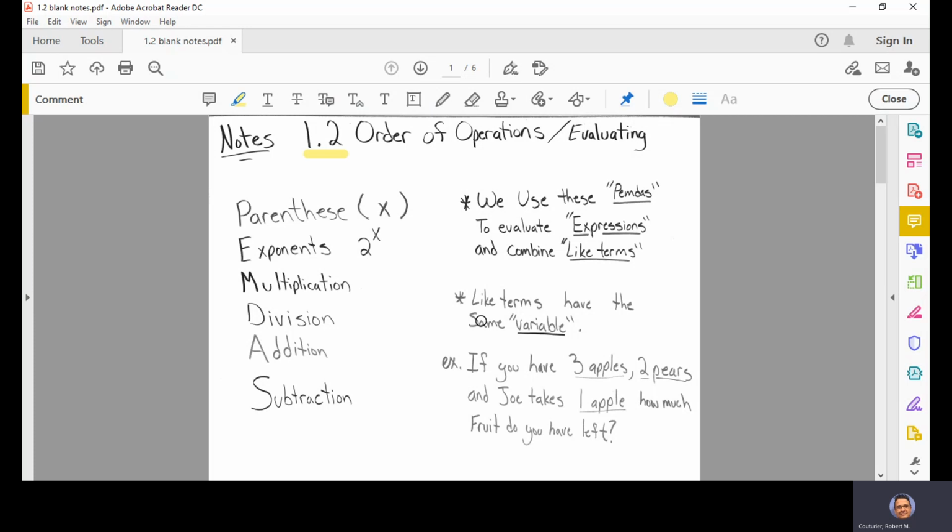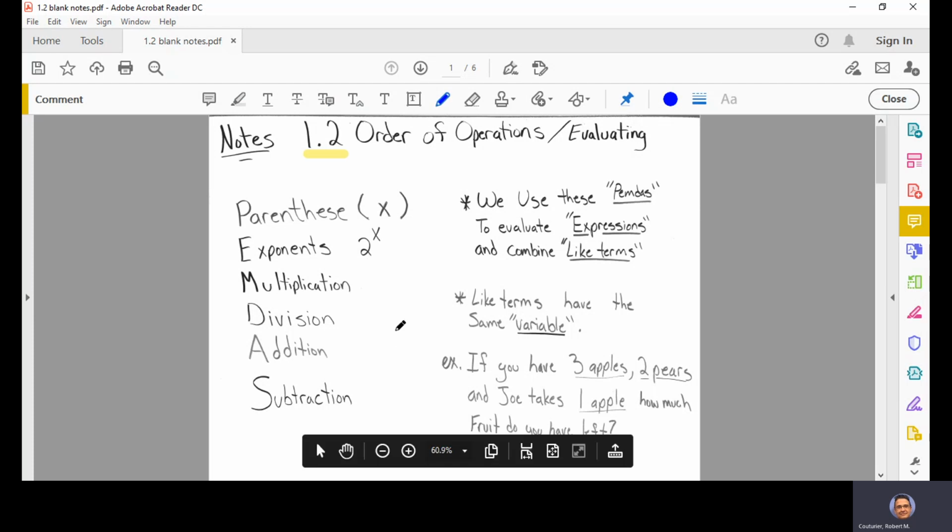And for an example of this, we use variables all the time in algebra. So when we have an unknown or we don't know what exactly we're dealing with, we use letters or symbols to represent that. So we can always combine the ones that are exactly the same together. So here's a good word problem.